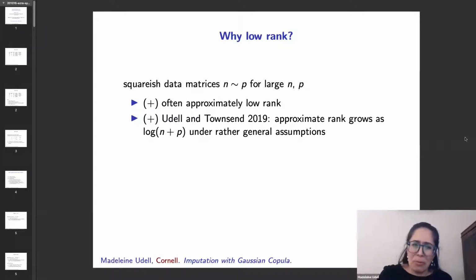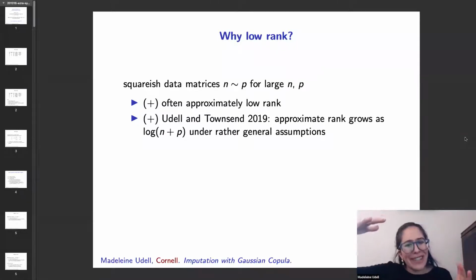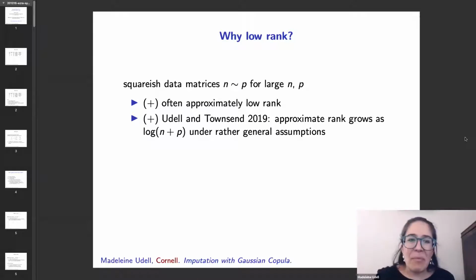Since the matrices are growing much faster than the log of their dimension, this means that they look approximately low rank when they get big enough.